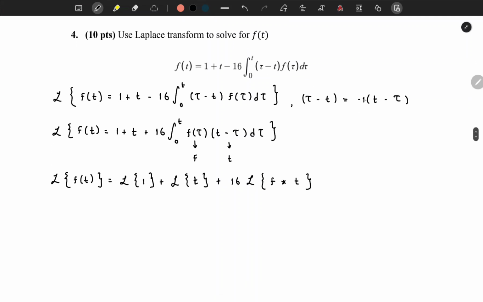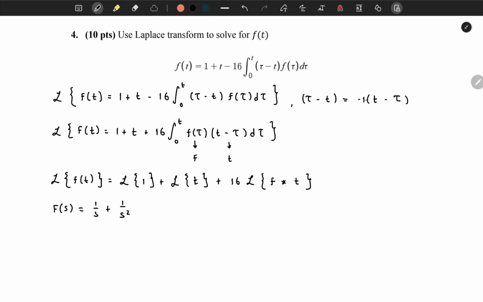And now this question has become pretty simple. We know the Laplaces of all of these. We know that the Laplace of f of t is capital F of s. The Laplace of 1 is 1 over s. The Laplace of t is 1 over s squared.